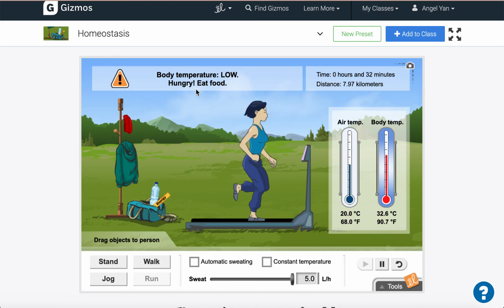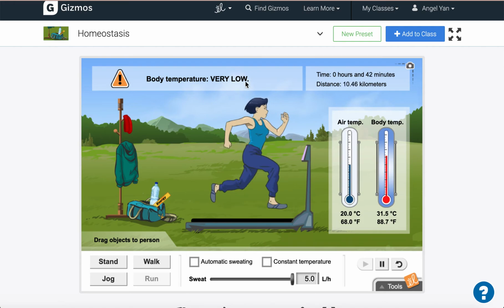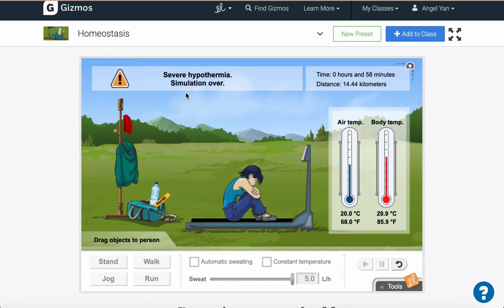Low body temperature. I'm going to give her some food right here, as well as some water. Very low body temperature. And again, she stopped running because she has hypothermia. What do you think we can do to help her regulate her temperature?